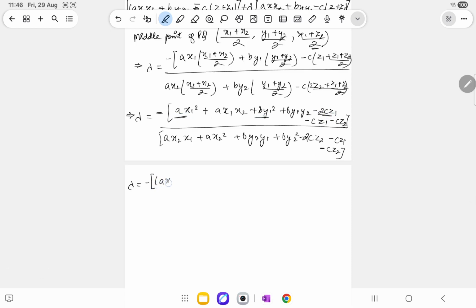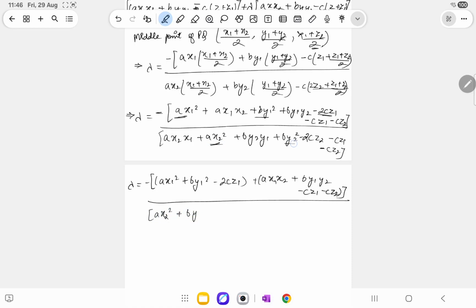So I'll get ax1 square plus by1 square minus 2cz1 plus ax1 x2 plus by1 y2 minus cz1 minus cz2 divided by ax2 square plus by2 square minus 2cz2 plus ax2 x1 plus by2 y1 minus cz1 minus cz2.